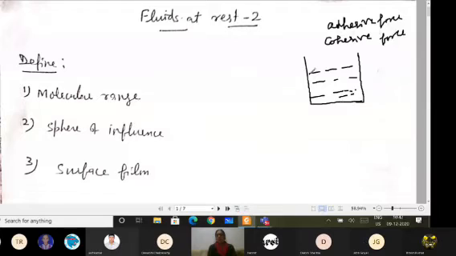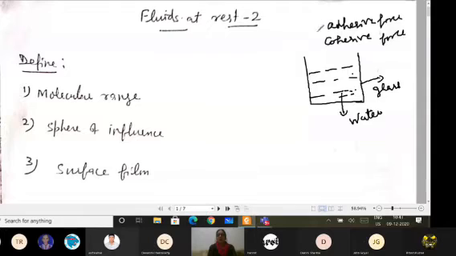If I have taken water as the liquid, and it is in a glass container, then there are certain forces between the water and the glass molecules. Those forces are known as adhesive forces. So if I have some liquid in a container, I can have two types of forces.